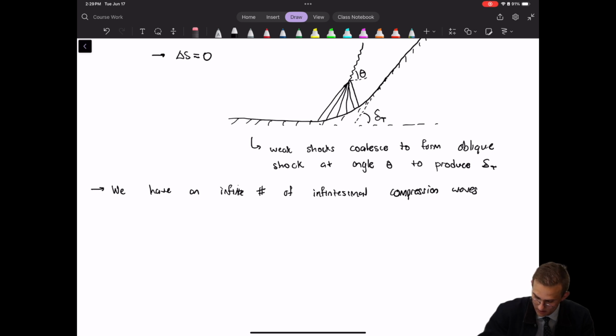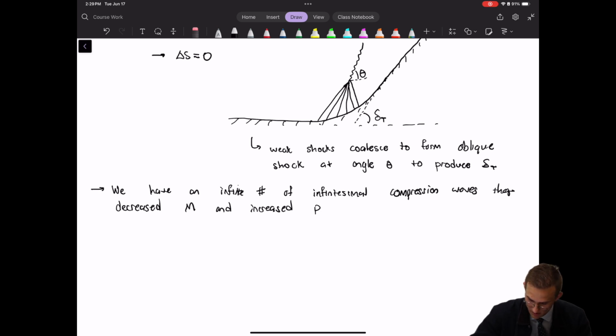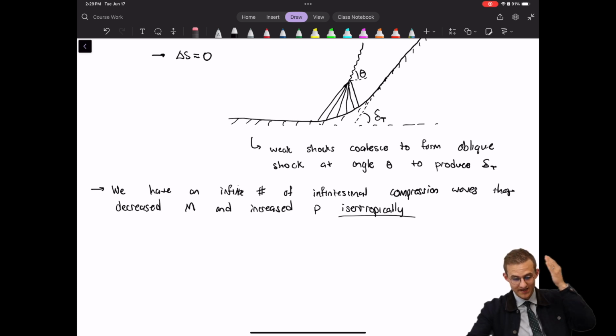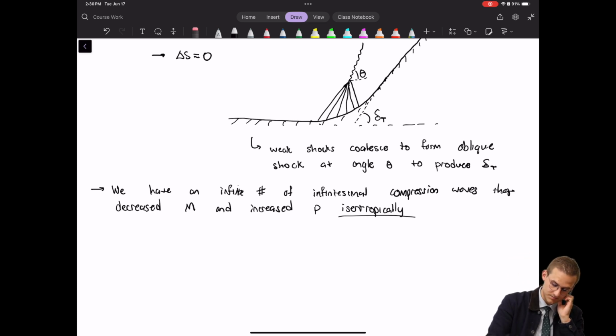So they decreased the Mach number, decreased M, and increased the pressure isentropically. They moved along an isentrope, and because they did it isentropically, that means that the process is reversible.